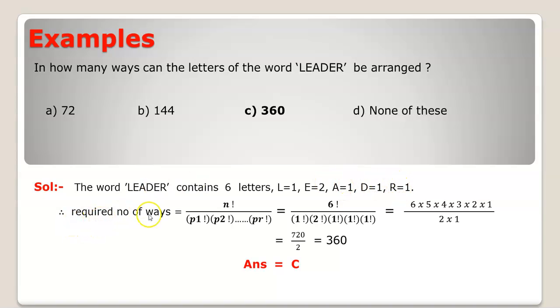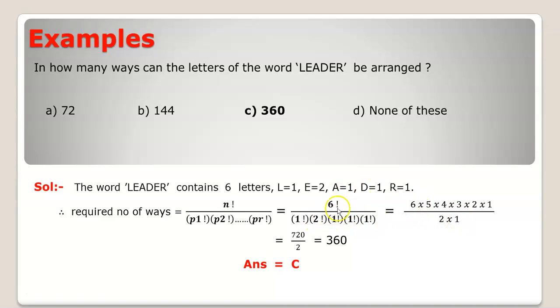Therefore, the required number of ways equals n factorial upon P1 factorial, P2 factorial, and so on up to PR factorial, which equals 6 factorial upon, putting in the values, 1 factorial for P1, 2 factorial for P2, 1 factorial for P3, 1 factorial for P4 and 1 factorial for P5. All the 1 factorials are 1, and 2 factorial can be written as 2 into 1.